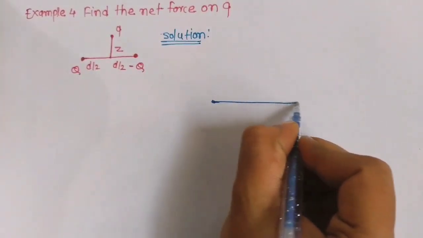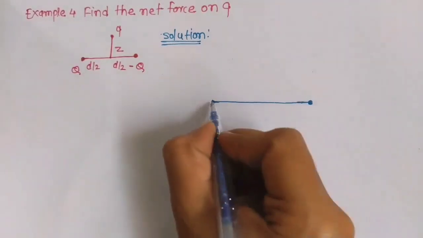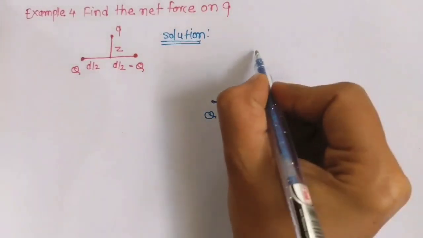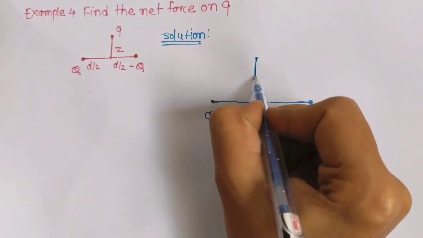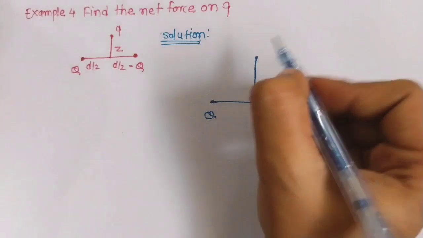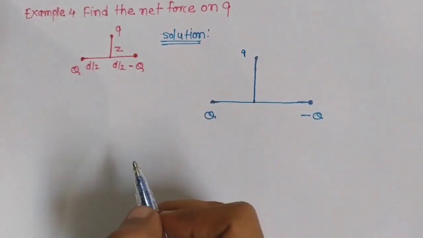again we draw this diagram. This is Q, this is minus Q, this is q.